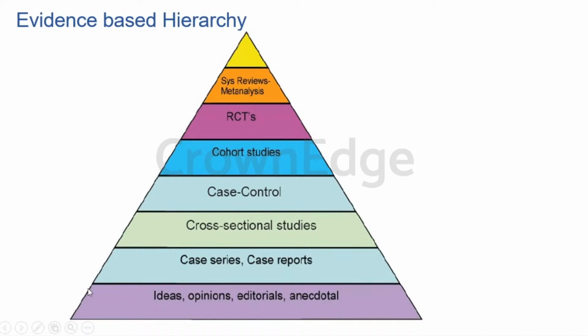At the bottom you have ideas, opinions and editorials, which have no valid scientific backing at all. It is an opinion: I think a drug works. What proof do I have? I have no proof. But this world doesn't run on opinions. So this evidence based hierarchy tells you how much to believe the literature you are reading.